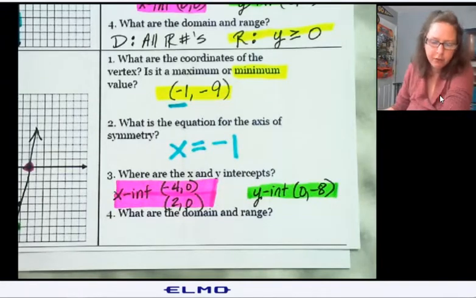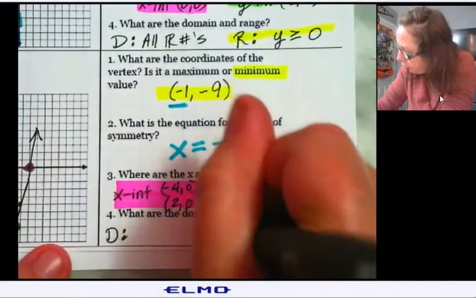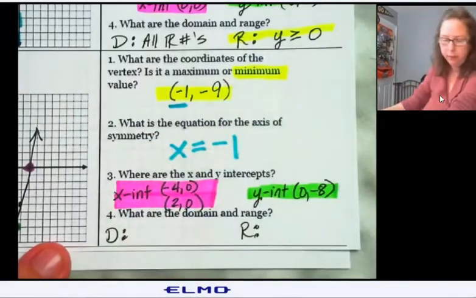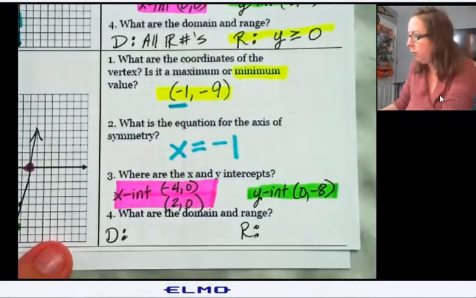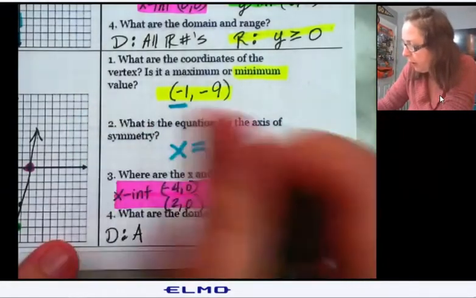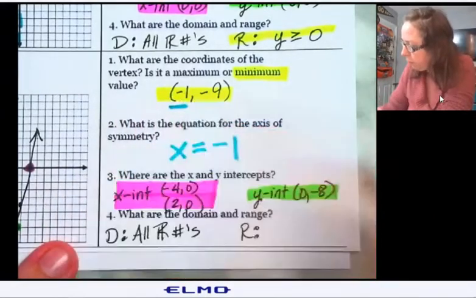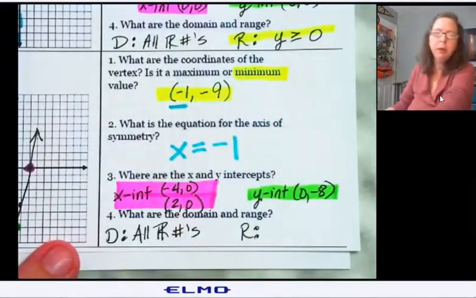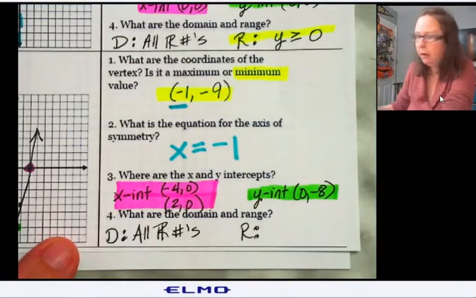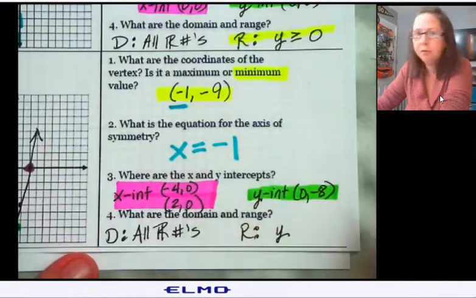Okay, now I need to identify the domain and the range. So the domain is always going to be, for a parabola, all real numbers. The range is what we really want to pay attention to, okay? So the range is always going to be referring to the y value of the vertex.